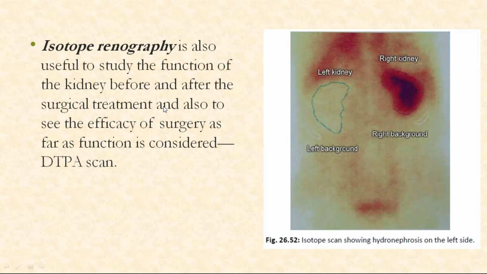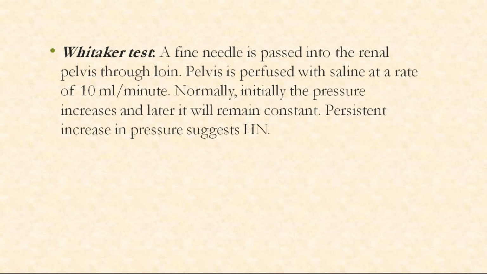DTPA, diethylenetriamine pentaacetic acid, is given to know the functional status of the kidney. So, the Whitaker test. This is one test to know whether hydronephrosis is there or not.